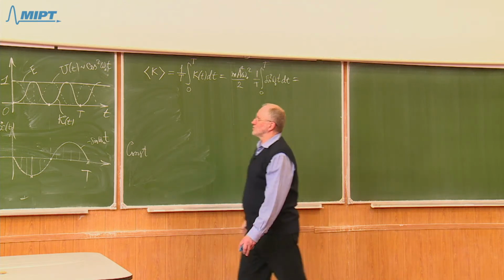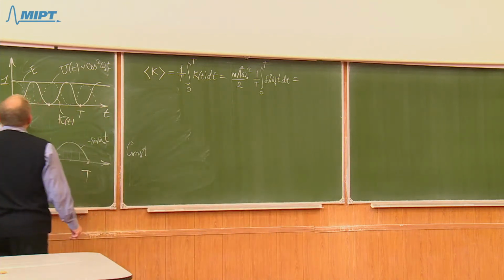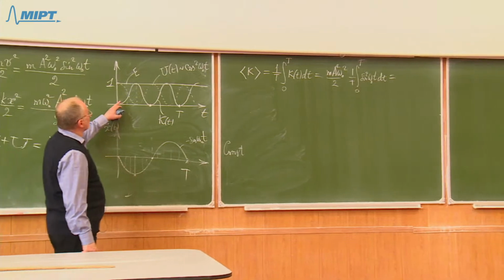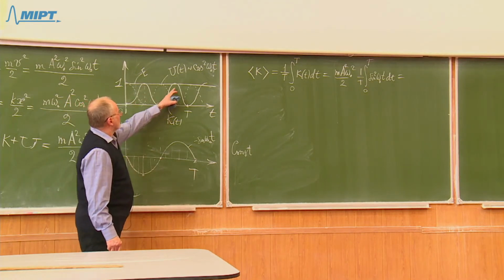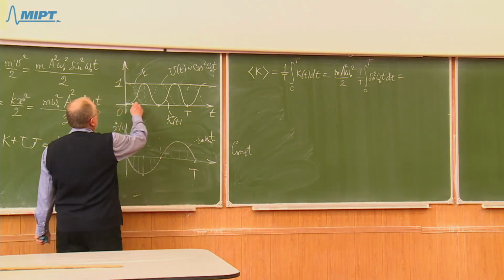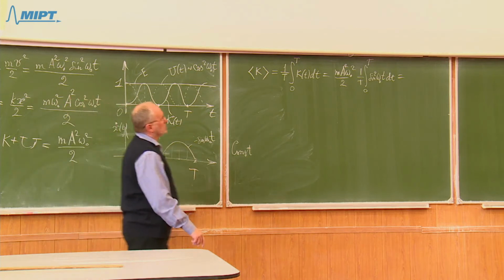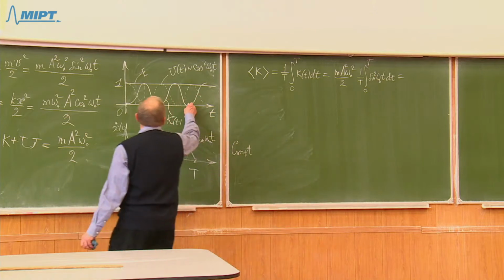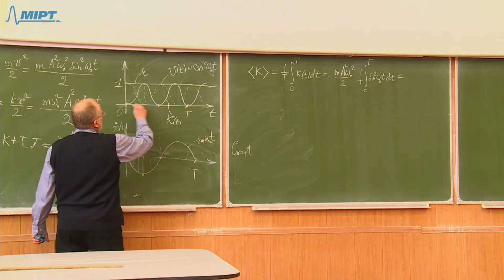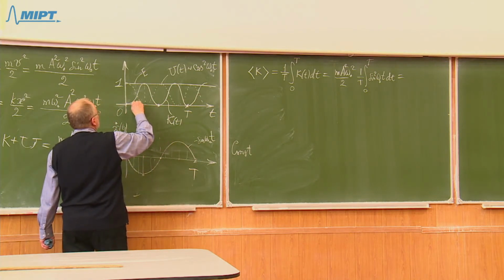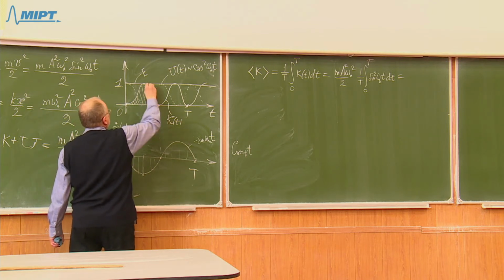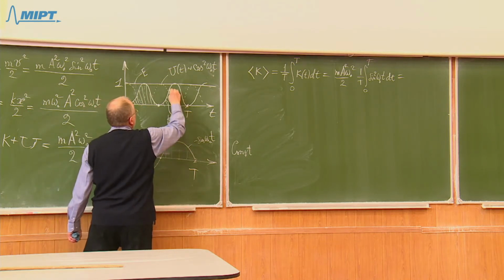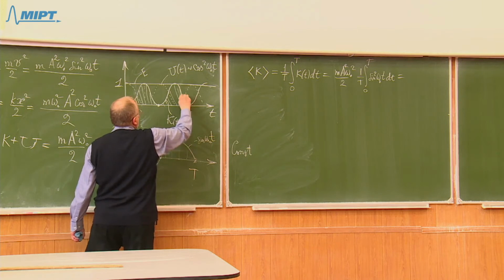Well, it's a very simple integral, but looking at the graph of the function sine squared, it's easy to understand that the integral written here from 0 to capital T, the period of oscillations, is the area under this curve.